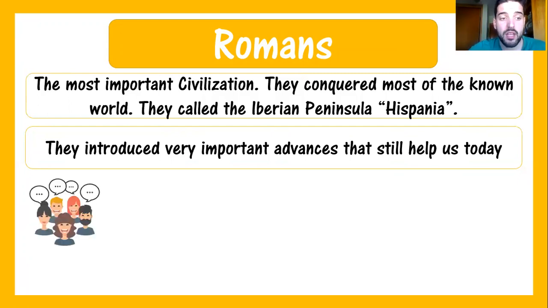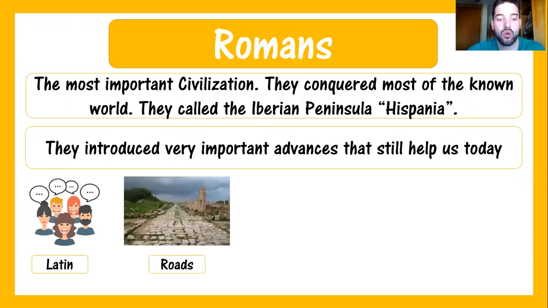For example, language, Latin. Yes, they spoke Latin, and many languages come from Latin. For example, Spanish comes from Latin. El español viene del latín, para que os hagáis una idea de lo importantes que fueron los romanos. Also, the roads, las denominadas calzadas romanas.